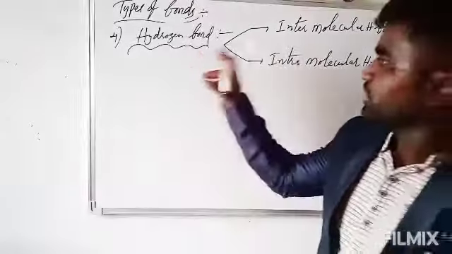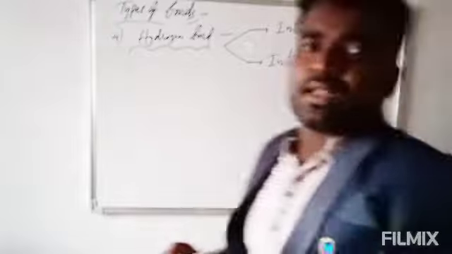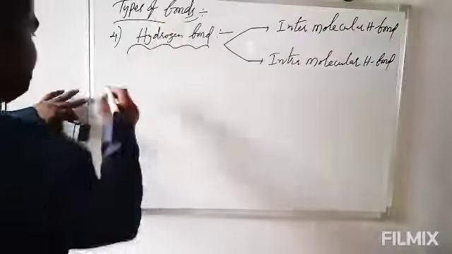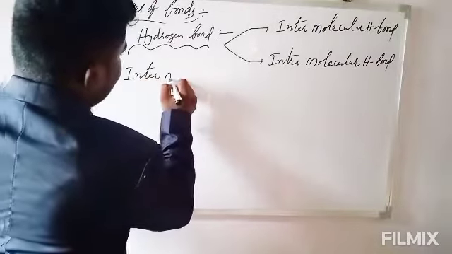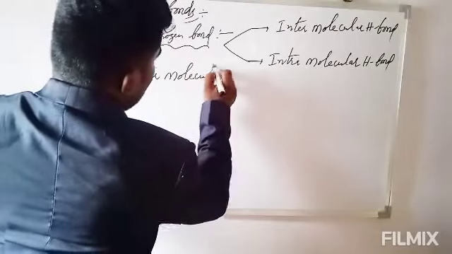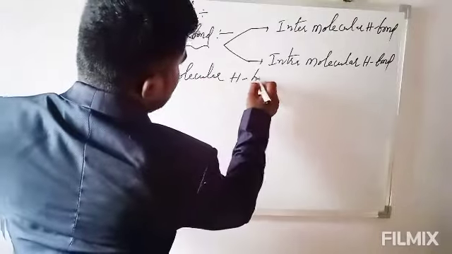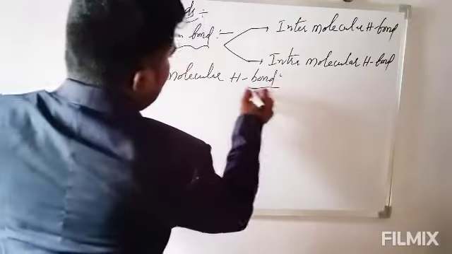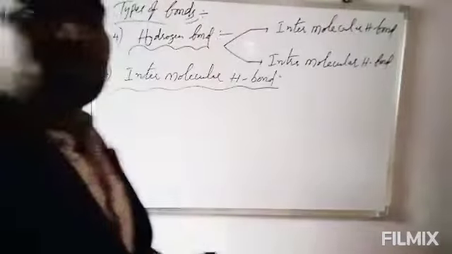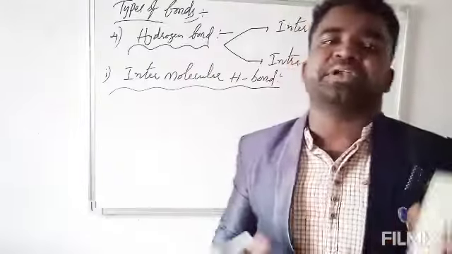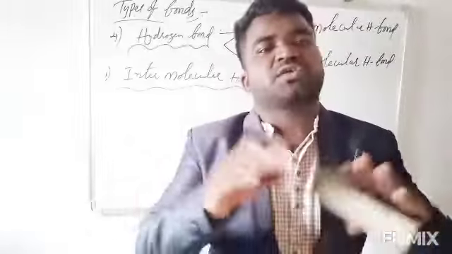Okay. Now the first type is intermolecular hydrogen bond. An intermolecular hydrogen bond means the hydrogen bond between different molecules.